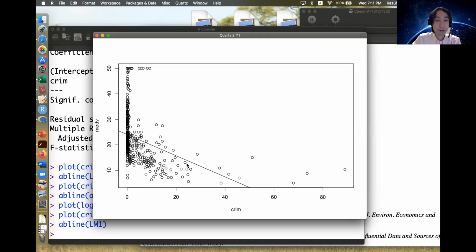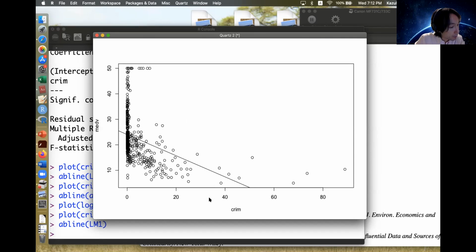You can see this line, but if the data is different, maybe the slope is slightly steeper or slightly smaller, or maybe the intercept is slightly larger or slightly smaller. So we have some area that this regression line moves around, and we can get the 95% confidence interval for that. So that is the so-called confidence band.